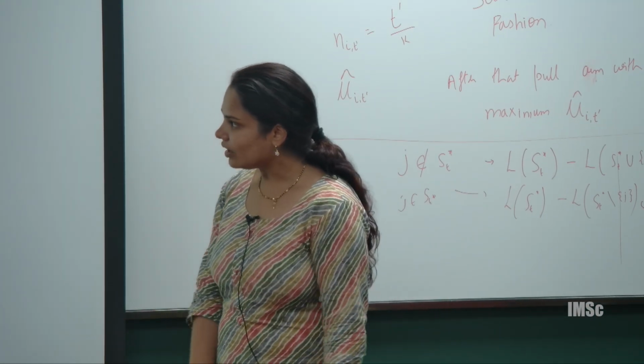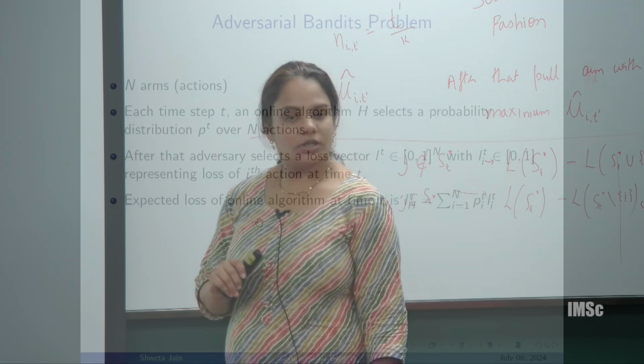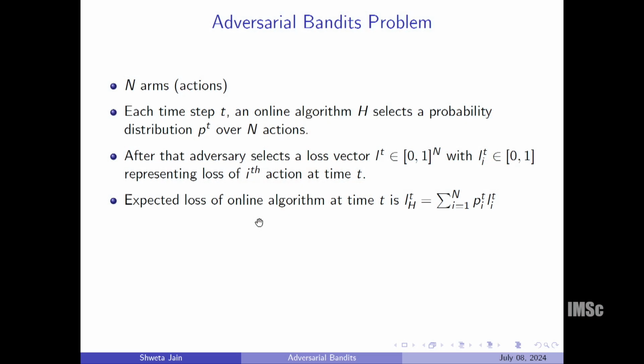Again, a quick recap: we have n arms. At each time step t, the algorithm selects. In the first class itself we saw that a deterministic algorithm will not work, because no matter what you do, the adversary can always place a loss or reward of 0 there.